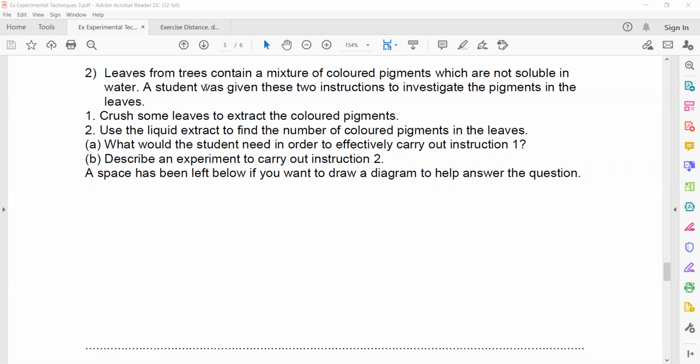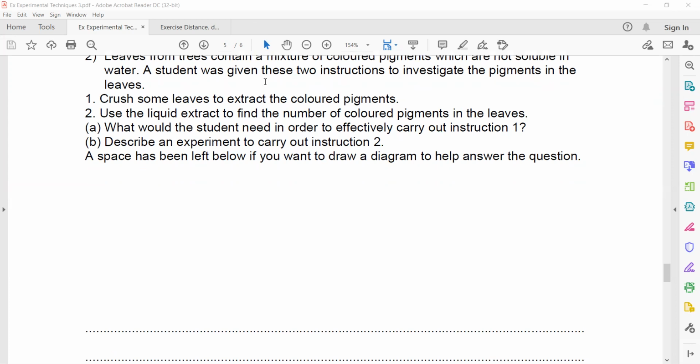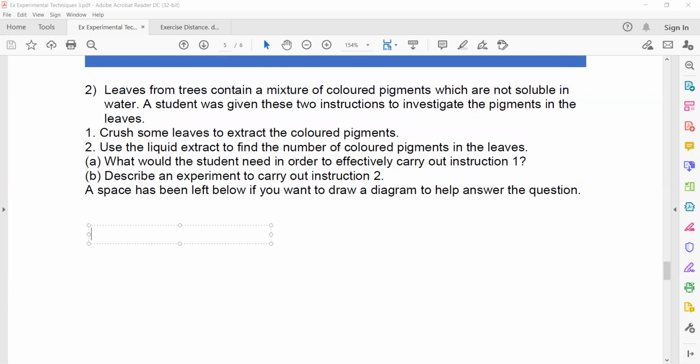What would the student need in order to effectively carry out instruction 1? So how can he crush them and extract the color? So we can use a mortar and pestle to crush the leaves, and then we will boil with alcohol because it is not water soluble.